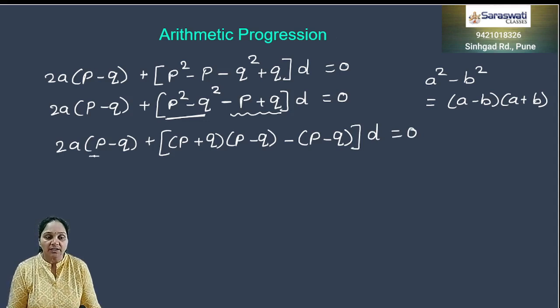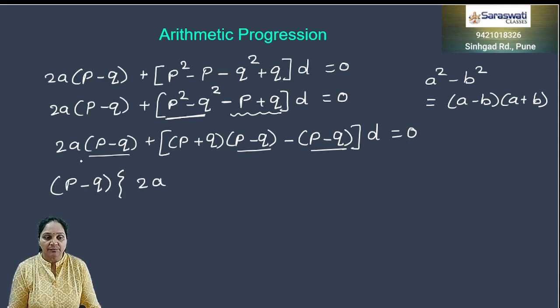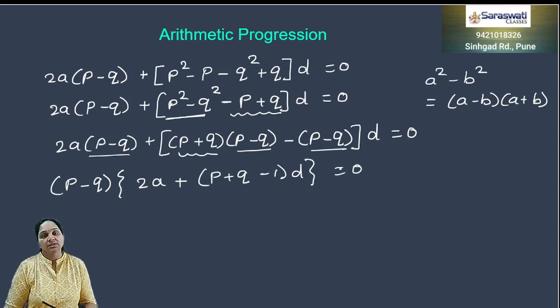Now see, we can take this bracket p minus q common throughout, that is p minus q into bracket 2a from the first term plus p plus q here minus 1 into d is equal to 0.